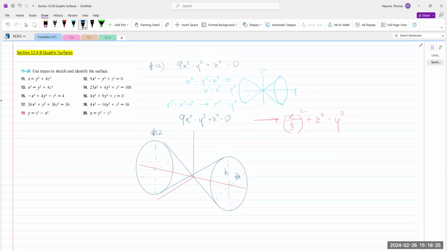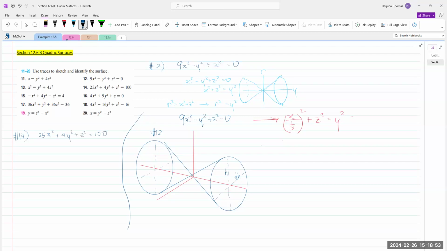Now number 14. We have 4x squared plus 9y squared plus z... hold on, I copied the wrong one. 25x squared plus 4y squared plus z squared equals 100.